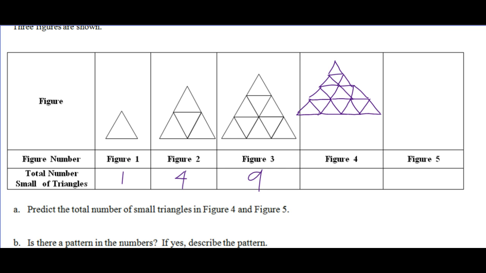So we've got 1, 2, 3, 4, 5, 6, 7, 8, 9, 10, 11, 12, 13, 14, 15, 16. So all I'm doing is just taking each line that I've got, turning it into a triangle down here.